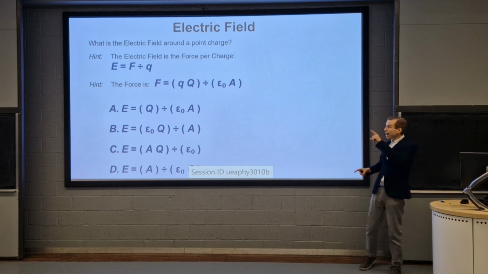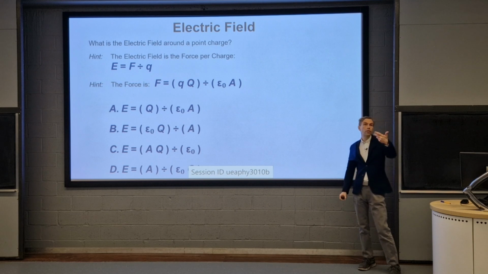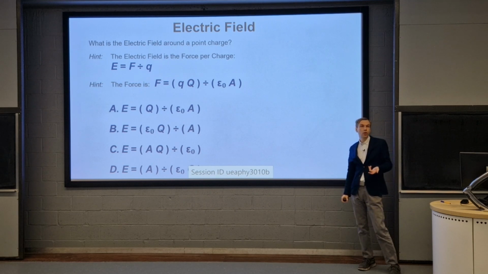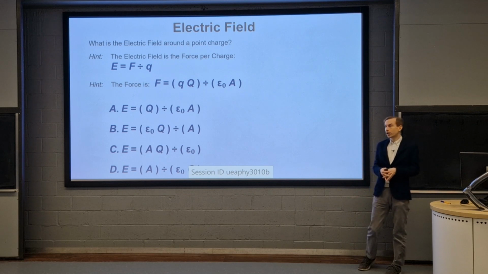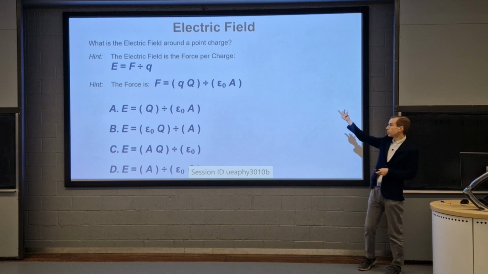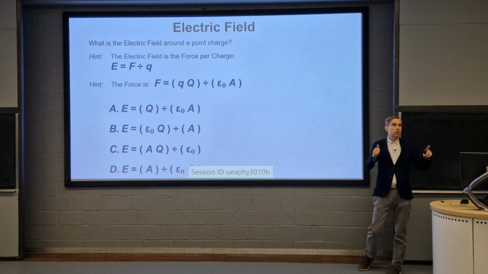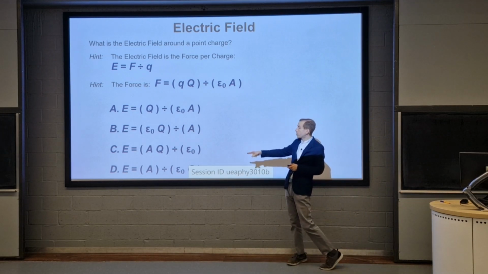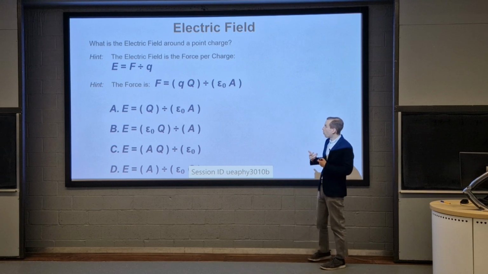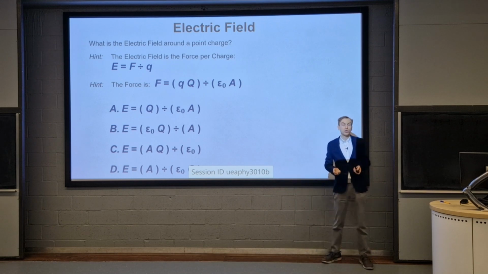Now remember that the electric field is always the force per charge. So we're just thinking about what the electric field is due to the enclosed charge. That's the relationship between force and electric field. So based on these two pieces of the puzzle, which of these two options are we going to get for the electric field due to our point charge?